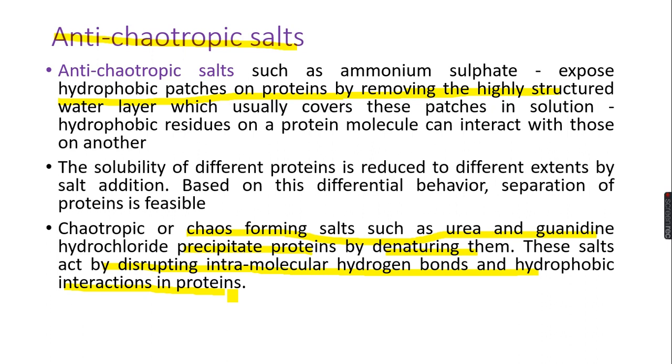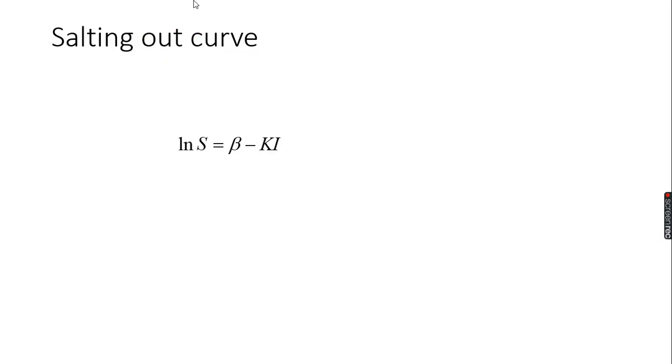One is breaking the hydrogen bond and hydrophobic interaction, and here they are allowing the hydrophobic interaction to take place. But in both cases, protein gets precipitated, and most of the time the solubility of the protein, as it is reduced by salt addition, can be variable depending on what kind of proteins we are dealing with. So essentially it is changing.